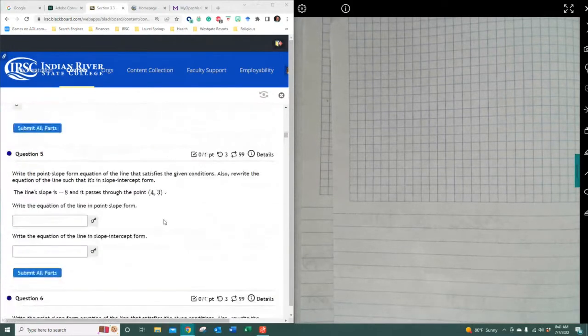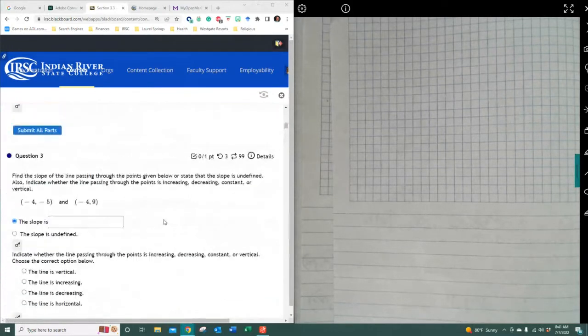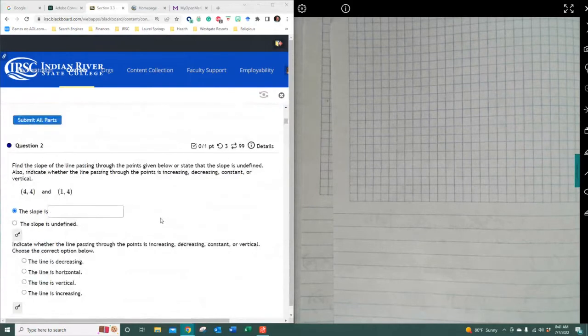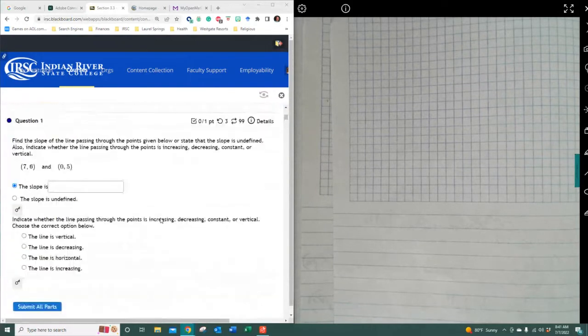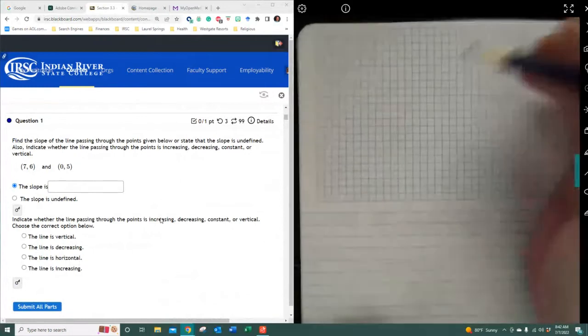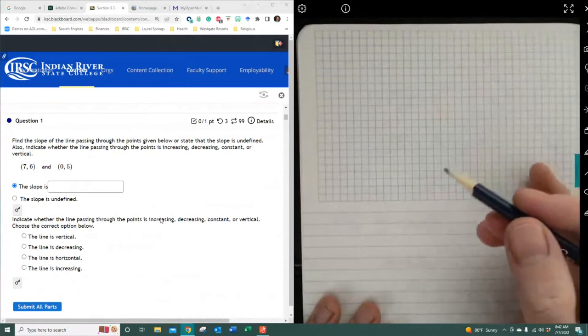All right, now let's go ahead and get started with some of these and find out what it is that they're looking for. It says, find the slope of the line passing through the points. Now, finding the slope, I have a unique way of doing it.